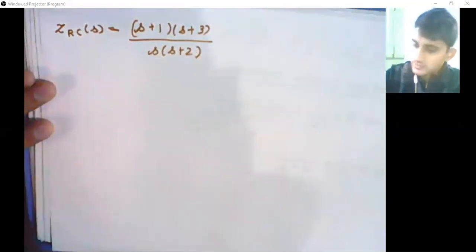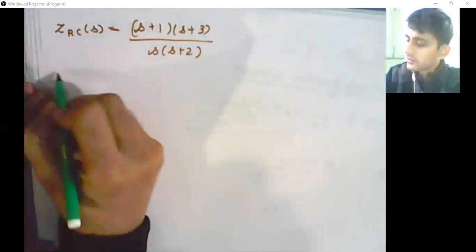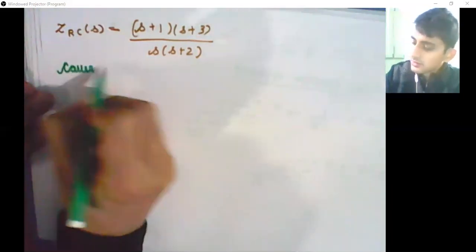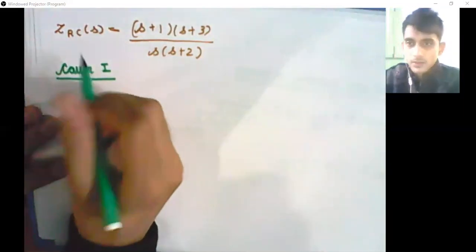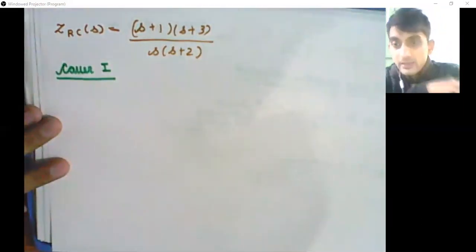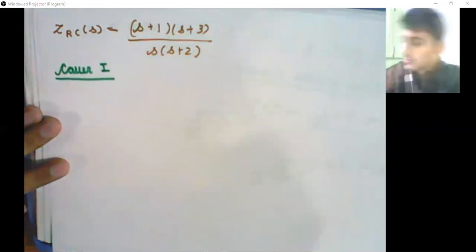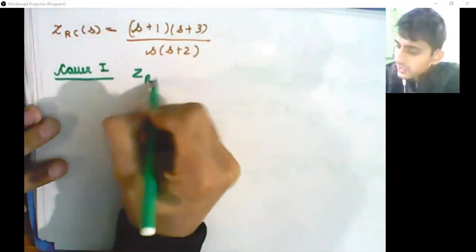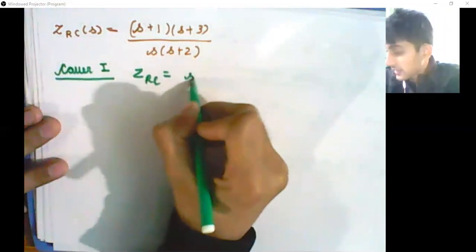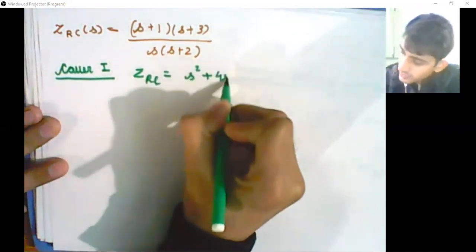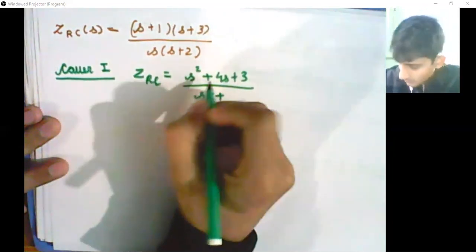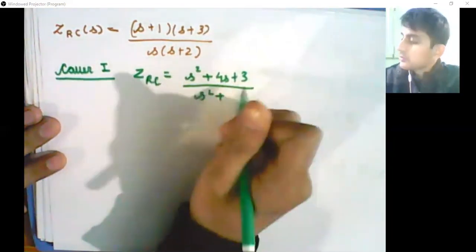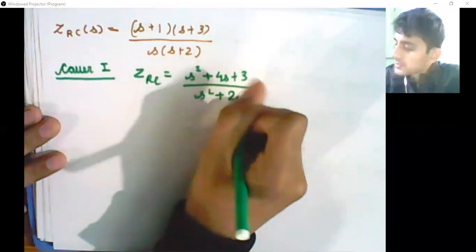This is given, and first you have to find its Cauer 1 form. Remember, for Cauer 1 form you actually have to eliminate the highest degree. If you look at your ZRC, it is something like s square plus 4s plus 3 divided by s square plus 2s.